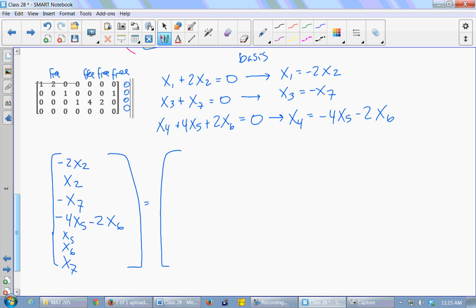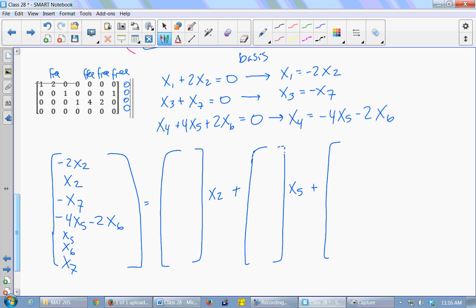So x2 will be my first. The null space is the span of these 4 vectors I'm going to come up with. x2 is free, and my next ones are x5, x6, and x7.